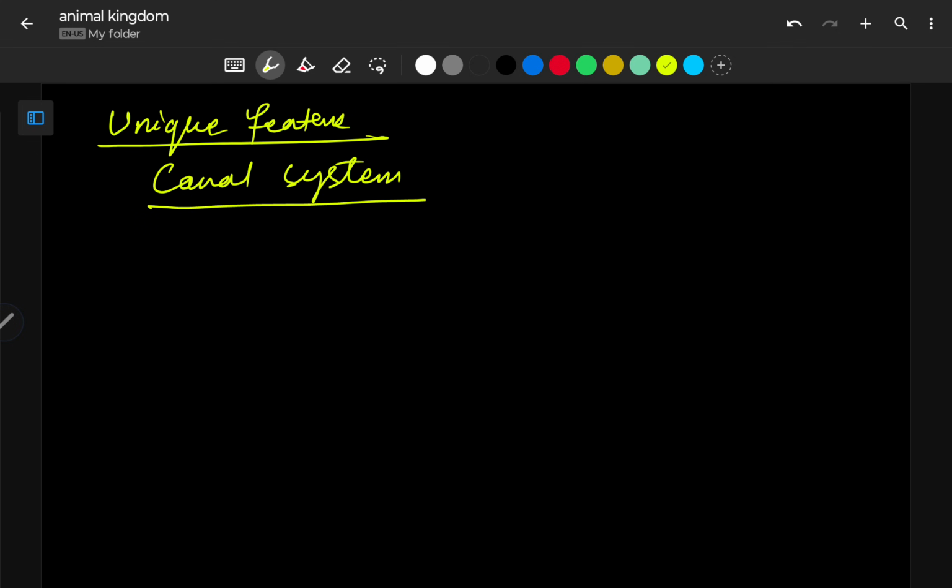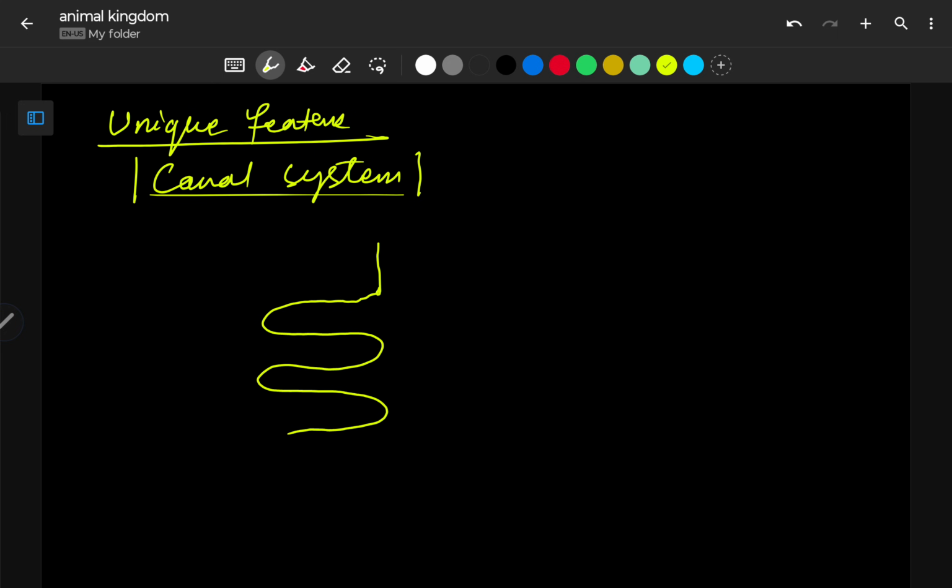So what is this canal system? The canal system consists of, I'm showing you with the help of diagram. Suppose this is the body of a sponge. And this is the body wall. It is present like this.